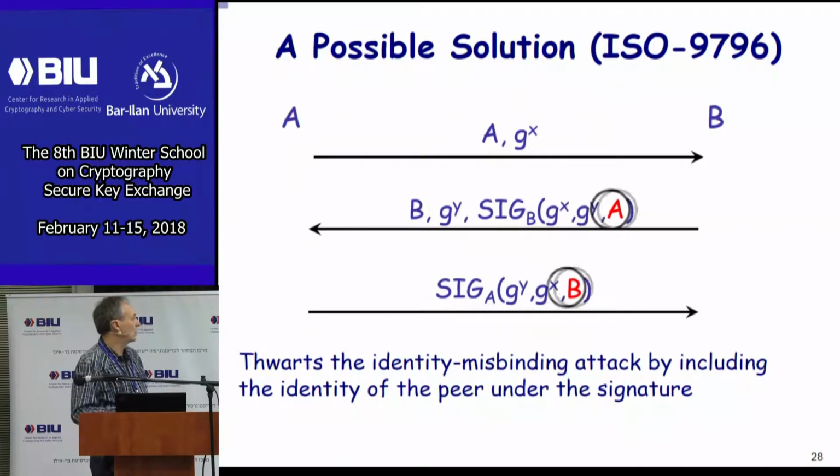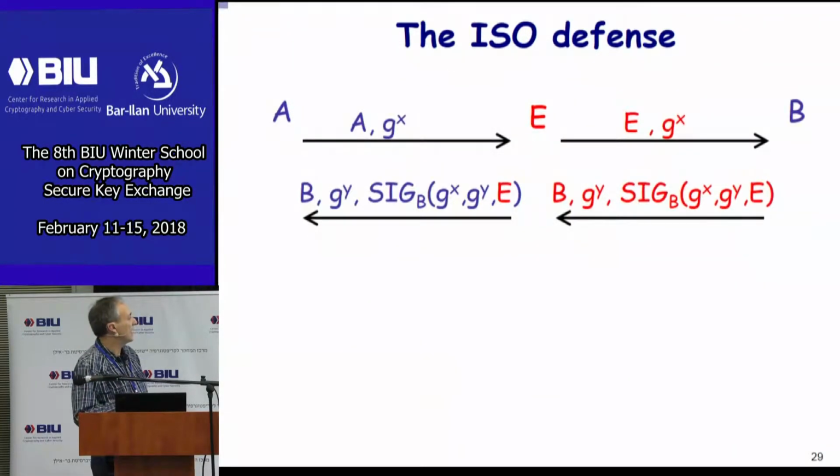And now this actually thwarts the identity misbinding attack because, in this attack, Eve sent the same G to the X, but now Bob saw that it comes from Eve, so he includes the name of Eve under the signature. When Eve wants to send this to Alice, if she sends whatever she got from Bob, it includes her identity, so Alice will say, haha, this is not for me, this is for someone else, for Eve, so she will not accept it.